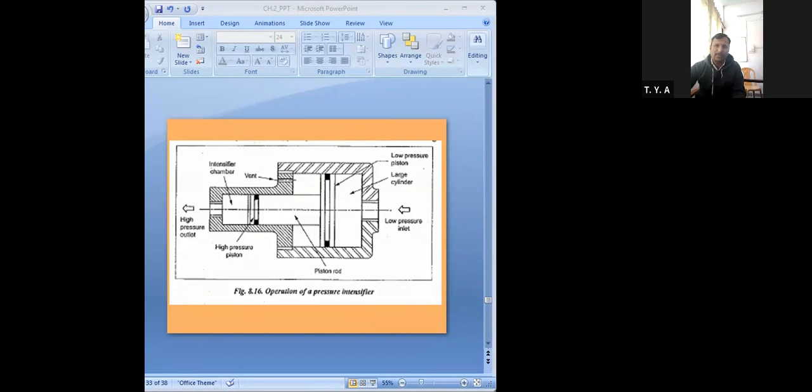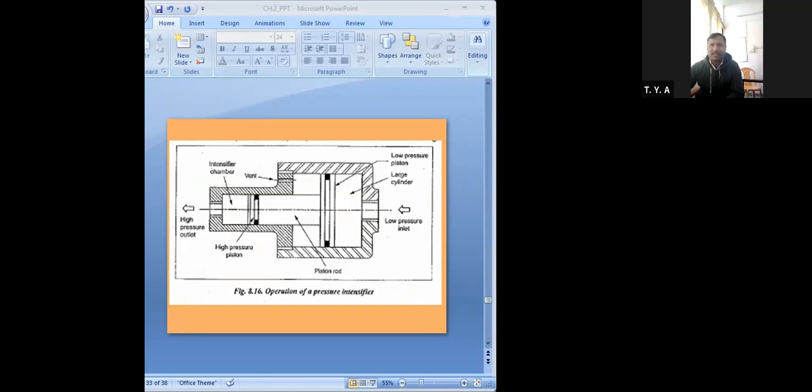Here you can see the port from where you take the low pressure inlet. Low pressure inlet means the fluid we get from the pump, which has low pressure as compared to the intensifier, and due to that it is named a low pressure inlet. The fluid comes from this port into the larger cylinder.